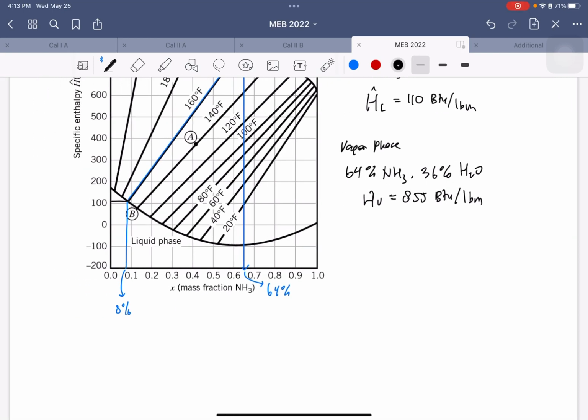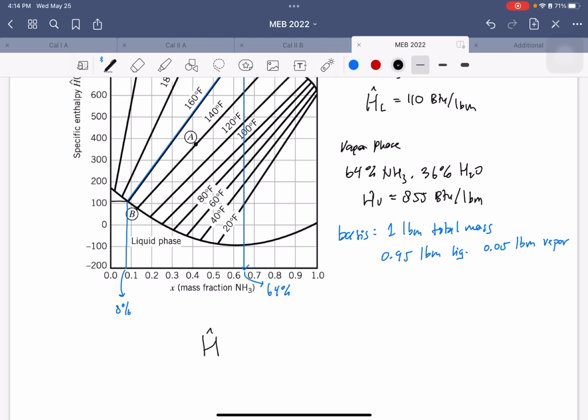So if we take the basis of 1 LBM total mass, so we could have 0.95 LBM liquid and 0.05 LBM vapor.